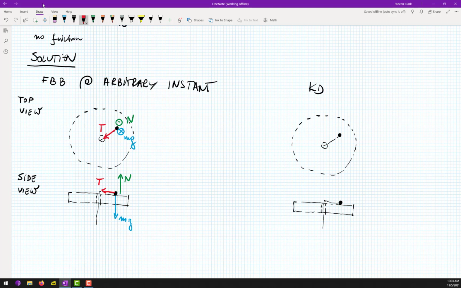Yep. Okay. So since this is our trajectory, what coordinate system would you go for? We can choose from Cartesian, r theta, or normal tangential.